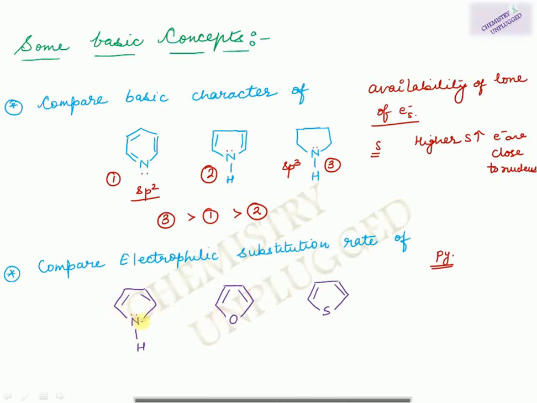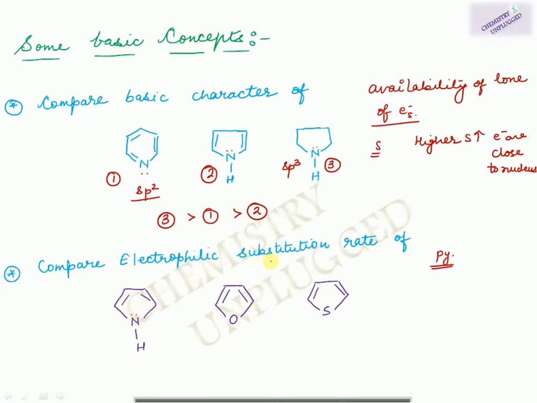So in case of pyrrole, nitrogen has less electronegativity as compared to oxygen. Nitrogen is less electronegative than oxygen. Therefore, this lone pair of electrons can easily delocalize over this ring and can show electrophilic substitution reactions.